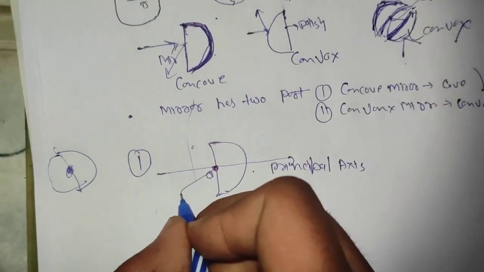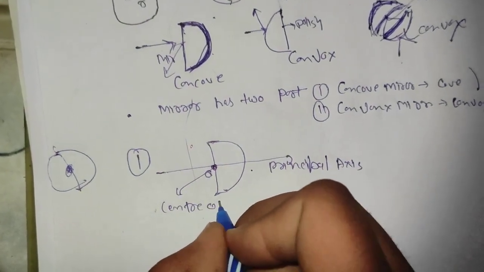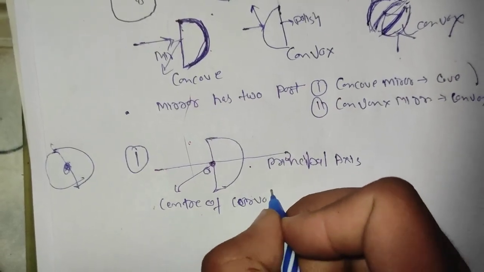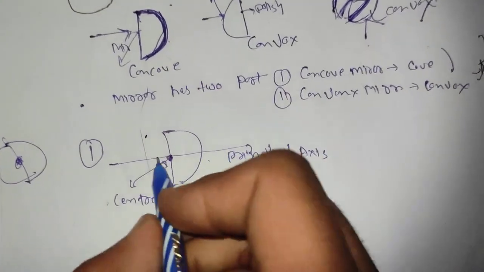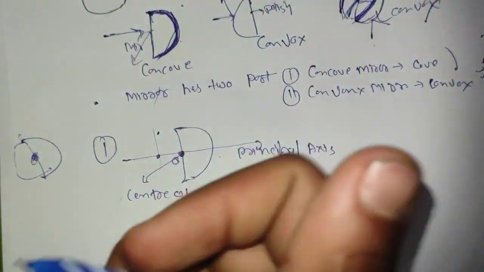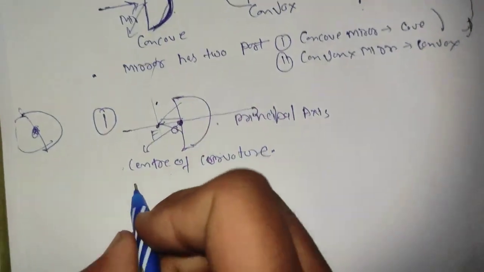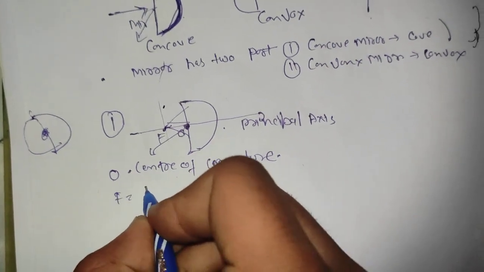And this point F is called the focus, and the distance from O to F is the focal length.